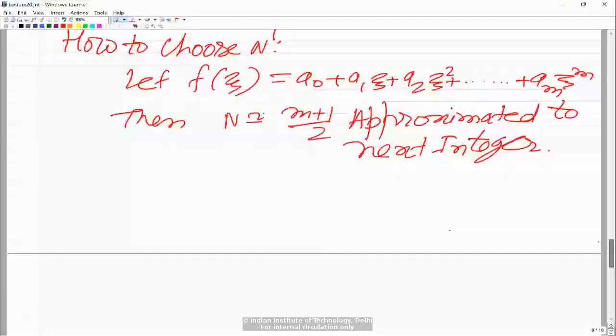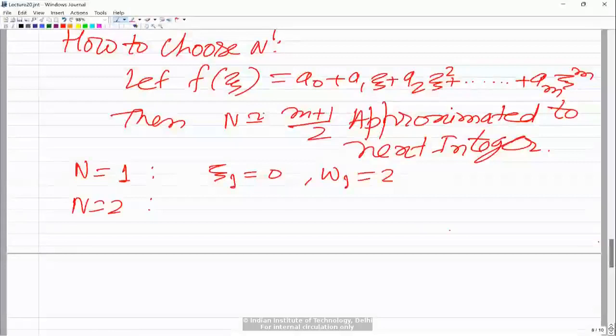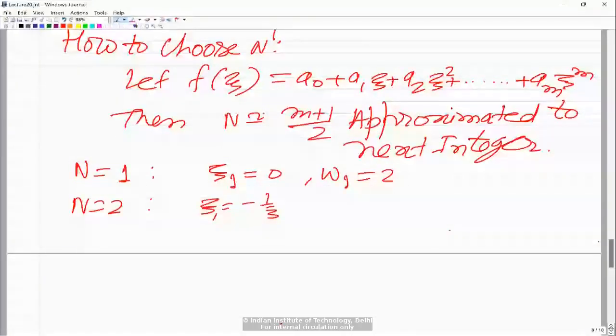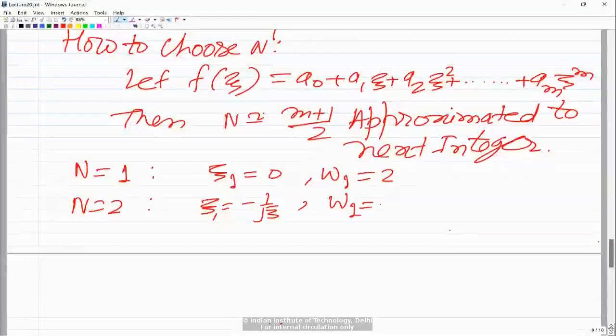Suppose I have n equal to 1, then there is only one Gauss point. The location of that Gauss point would be at xi equal to 0, and the corresponding weight factor w1 would be equal to 2. But suppose I use n equal to 2, because the summation is going from 1 to 2, we will have xi 1 and xi 2. In this case xi 1 is minus 1 upon root 3, and the corresponding weight factor w1 is 1, and xi 2 is equal to plus 1 upon root 3, and the corresponding weight factor is 1.